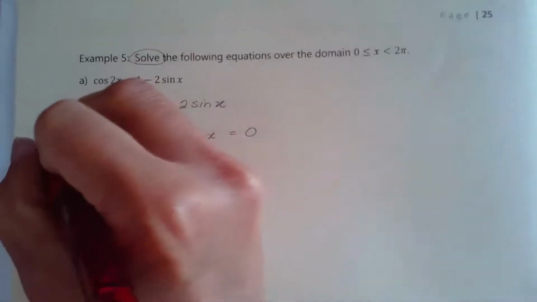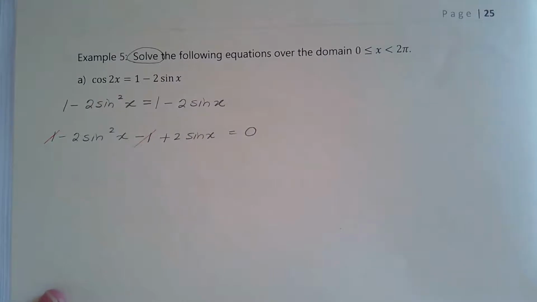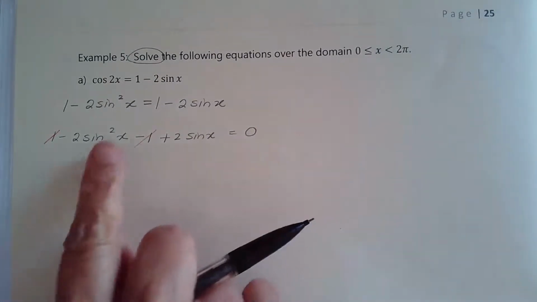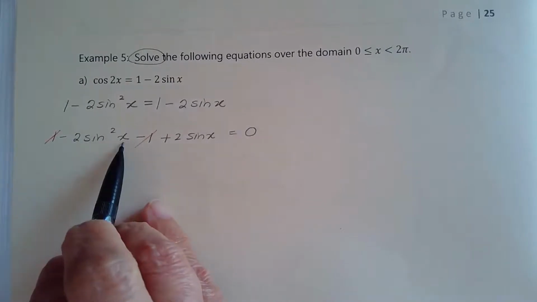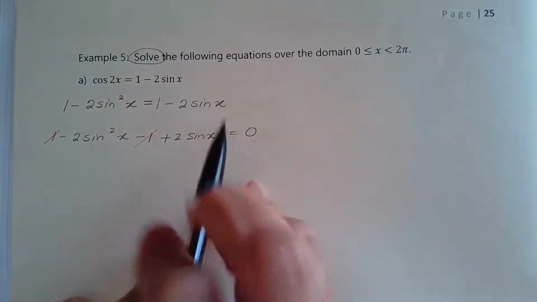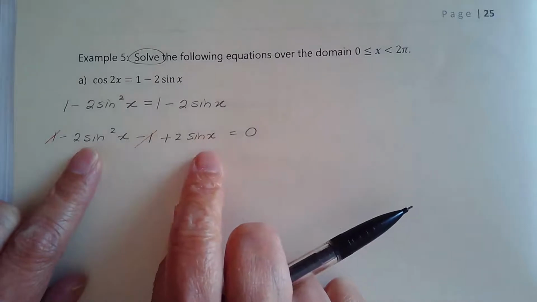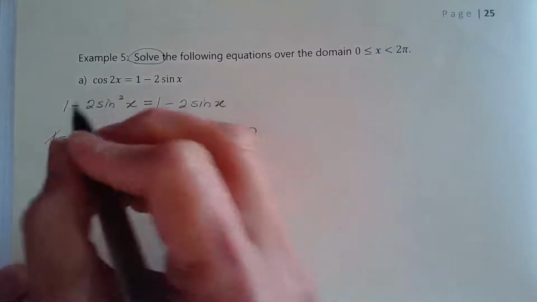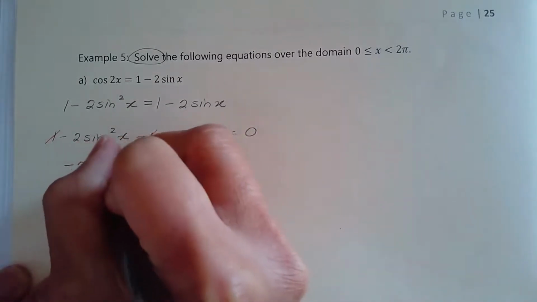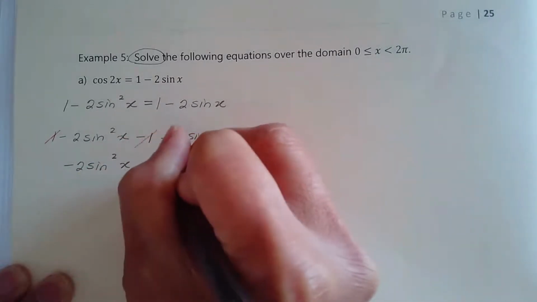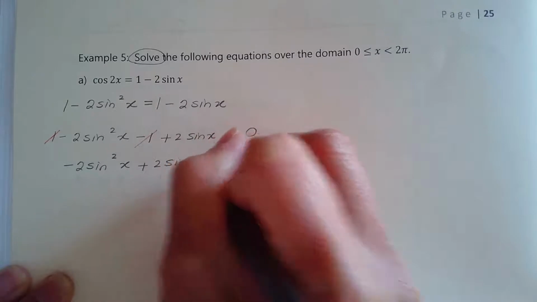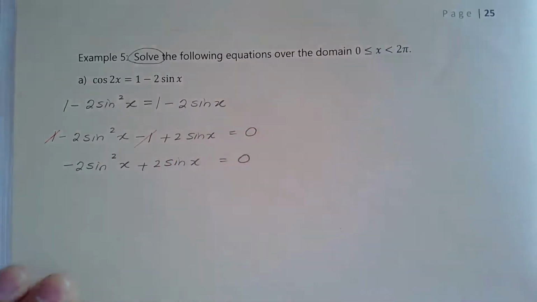So 1 and negative 1 cancel each other out. This one here doesn't cancel, because this is a negative 2 sine squared of x, and this is positive 2 sine of x. These are not the same. So that becomes negative 2 sine squared of x plus 2 sine of x equals 0.